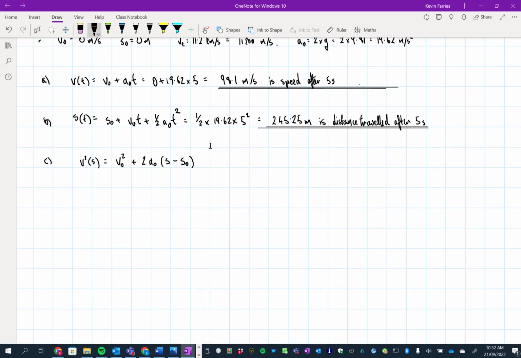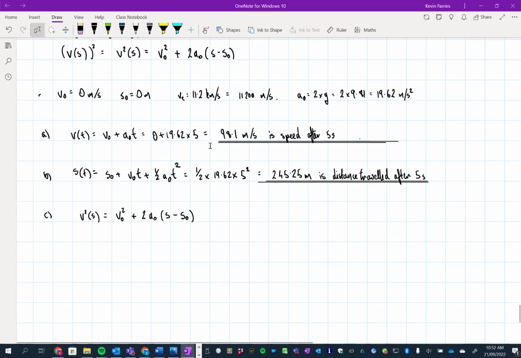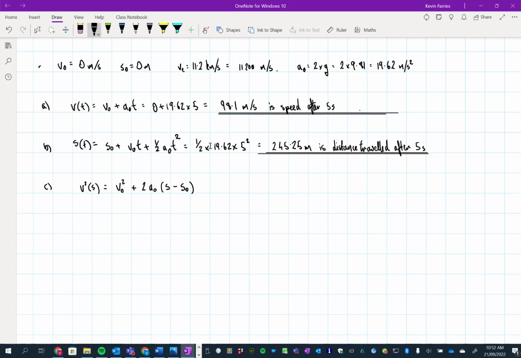We know the velocity we're trying to get to is 11.2 kilometers per second. So we want to know at what distance the velocity is going to be 11,200 meters per second. This is just equal to 0 because v0 was 0. So it's going to be equal to 2 times the acceleration, which was 2g, 19.62 meters per second squared, times distance minus the initial displacement.